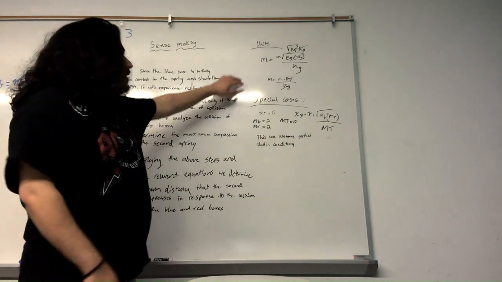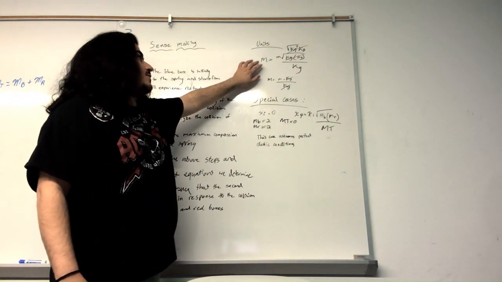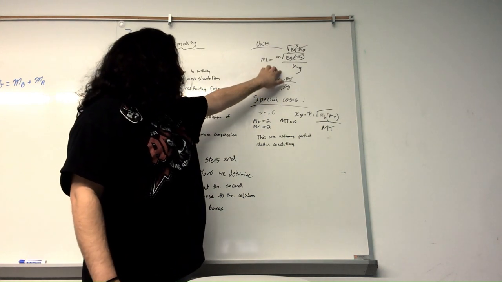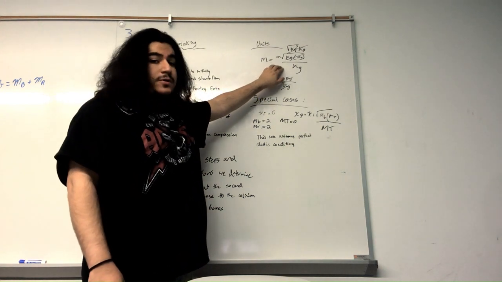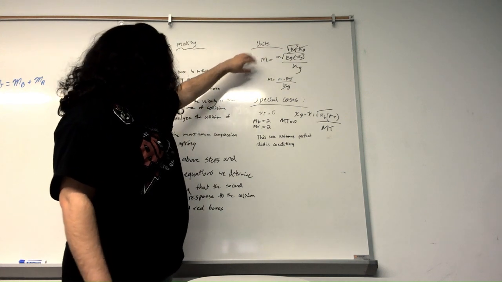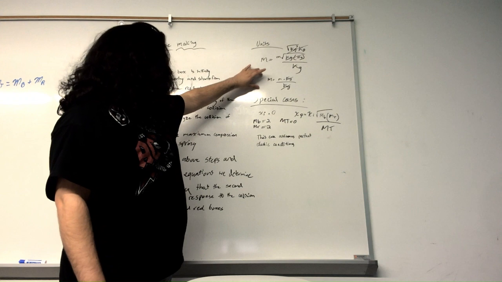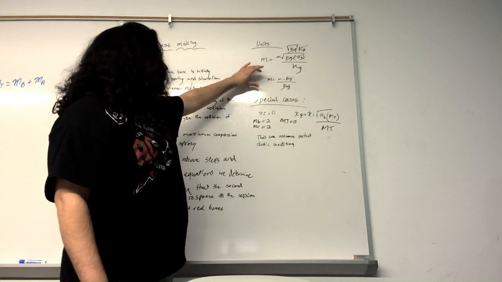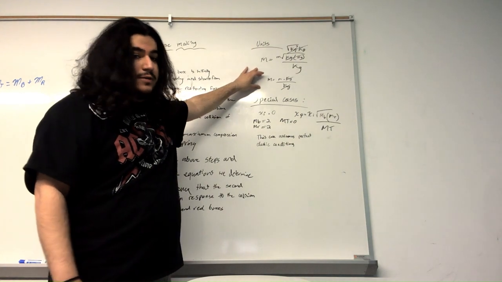For the units of the final and the initial compression, we decided to keep them as meters, while the masses of the boxes are in kilograms. By doing that, we can cancel the kilograms and end up with meters, which is what we wanted from the beginning.